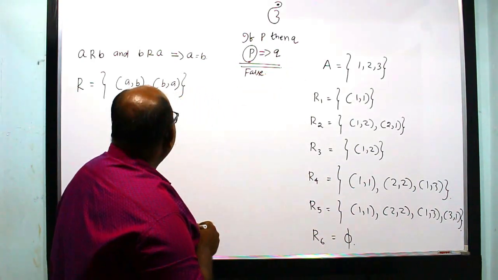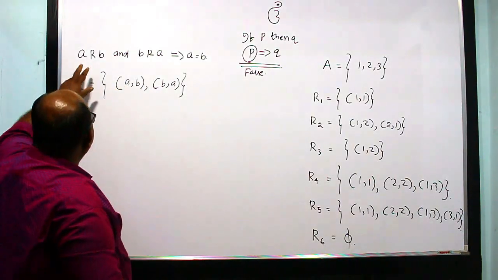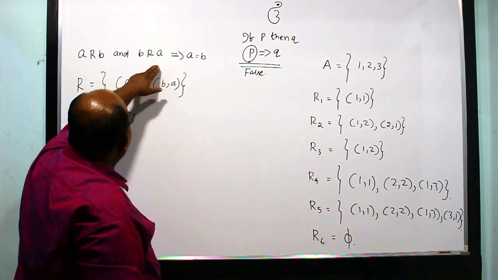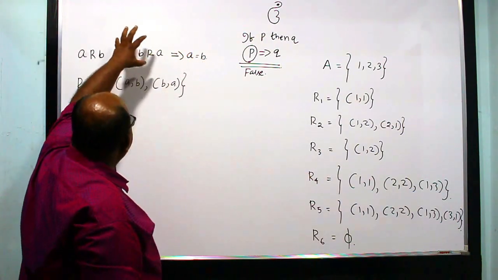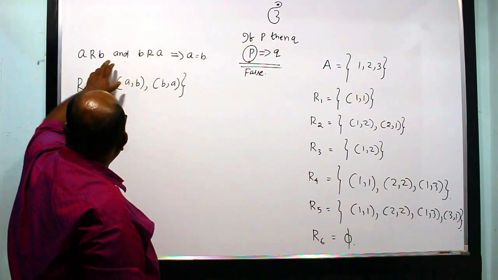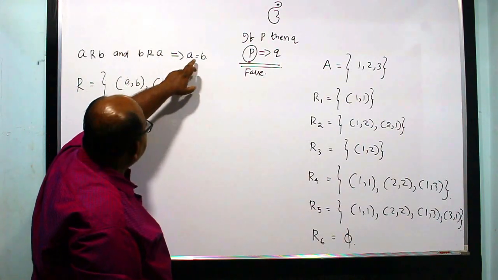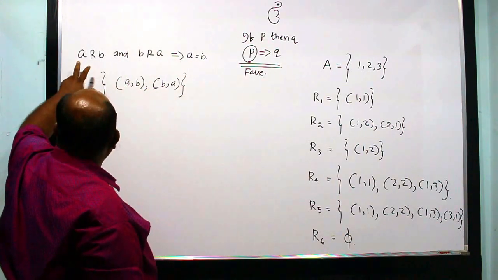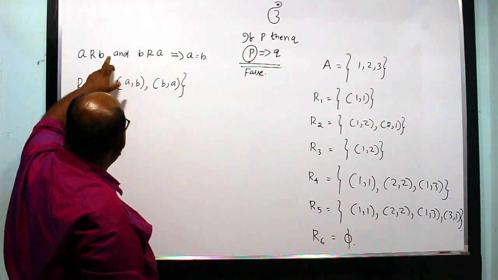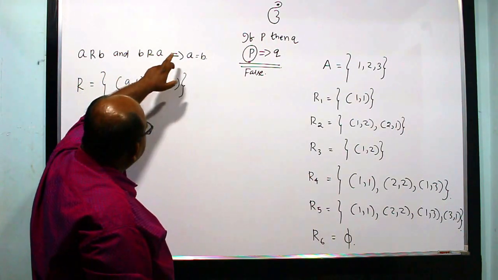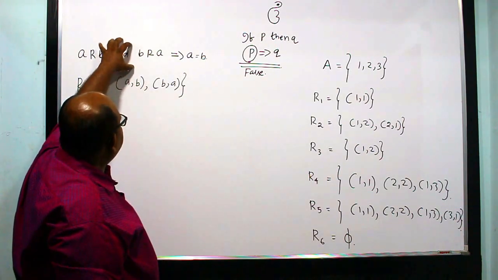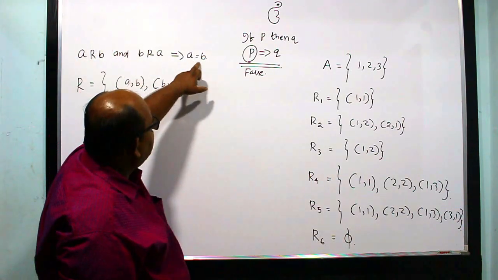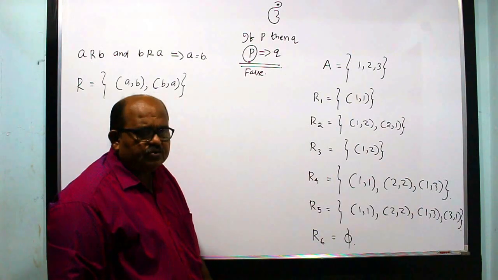Here, P is: A related to B and B related to A. The antisymmetric statement is: if A related to B and B related to A, then A is equal to B. So if the first part is false, the implication statement is always true.